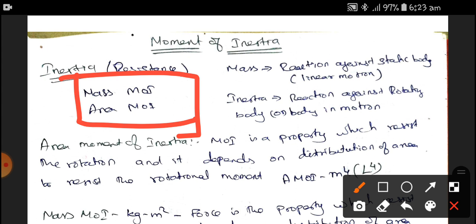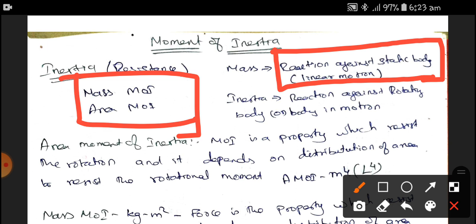So mass moment of inertia, let me define that. A body offers resistant force against linear motion, or we can say a reaction against a static body or linear motion. This is called mass moment of inertia. Whereas area moment of inertia means a body offers a force against rotation.